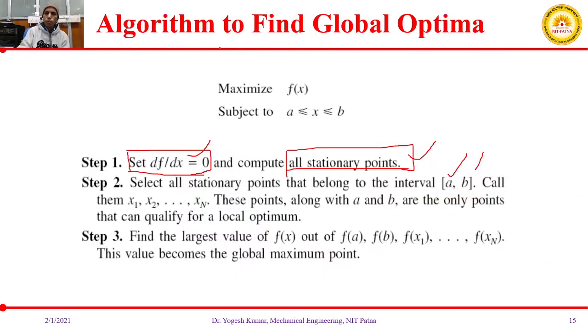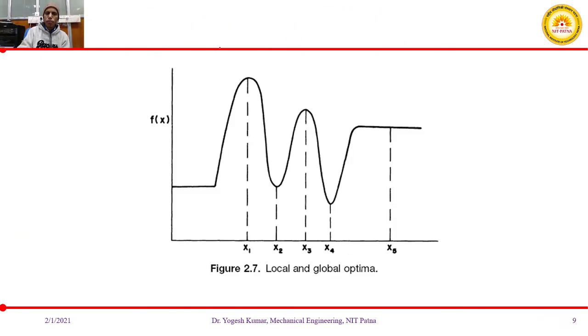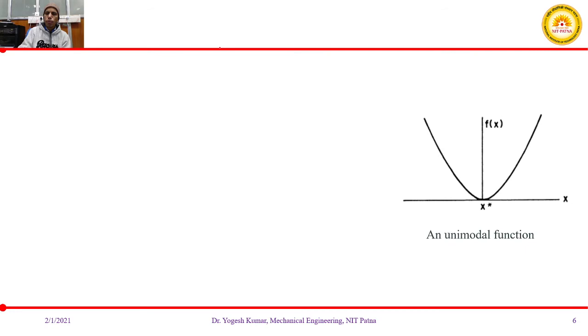If you don't remember, I told you in the starting which function is called a unimodal function. In a unimodal function, the nature of your function on either side of one certain optimum value is common. Consider this is the right side and this is your left side.